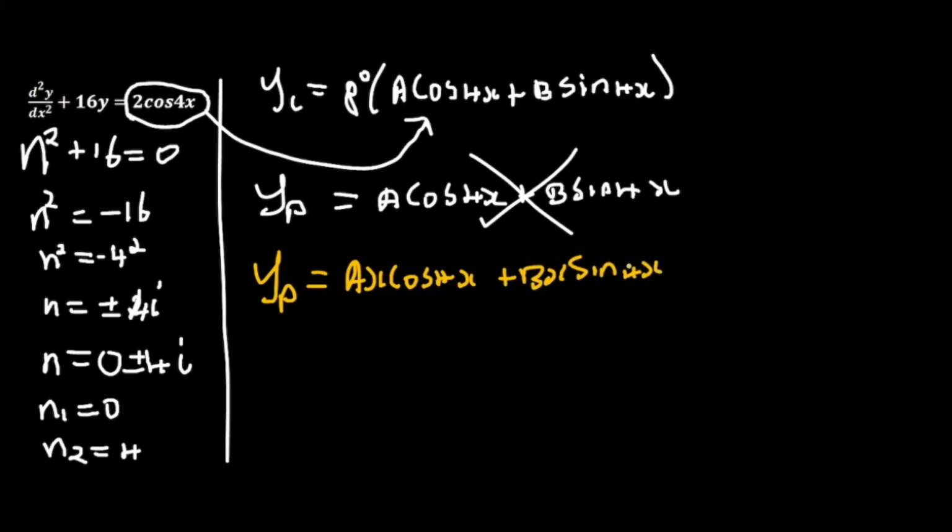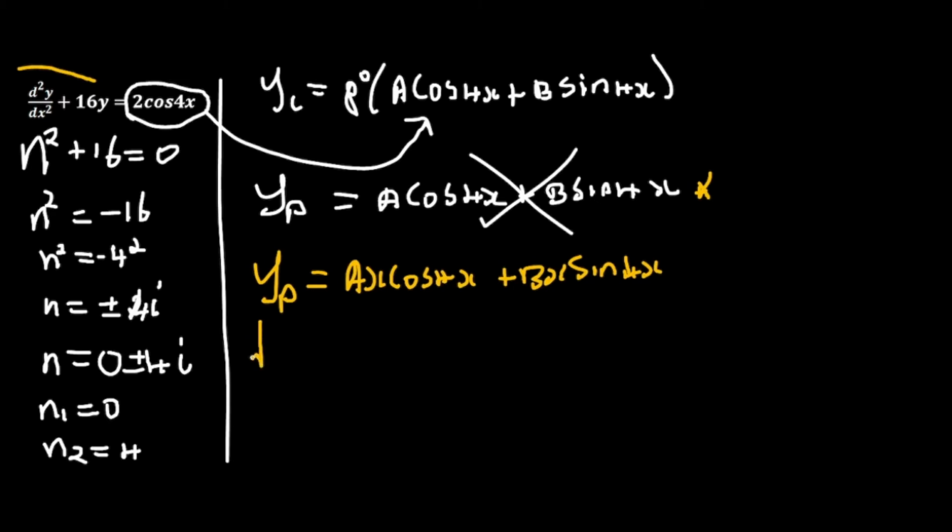That's our particular solution, because the particular solution is part of the complementary solution. Now we'll look for the first derivative, and from the first derivative we look for the second derivative, and we substitute here to get the necessary variables.